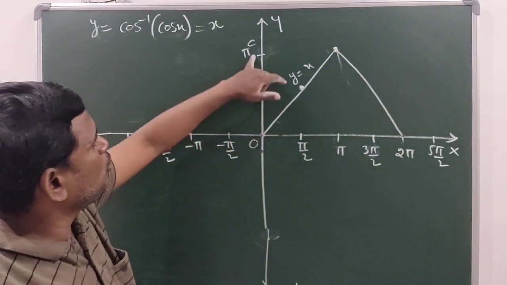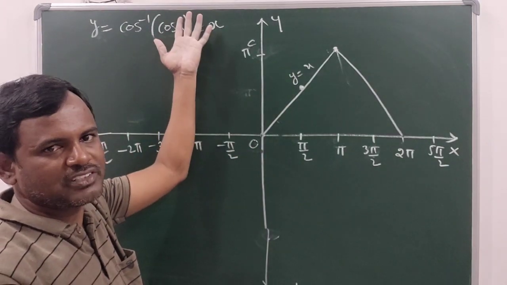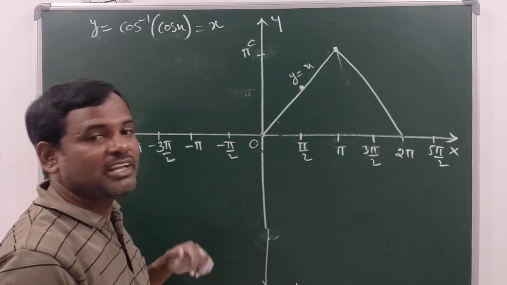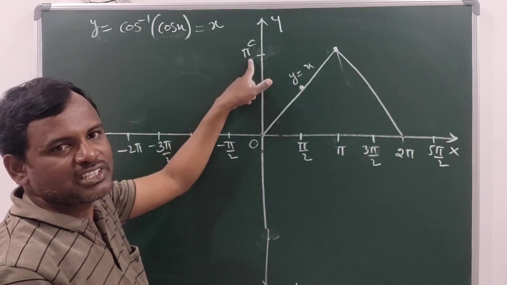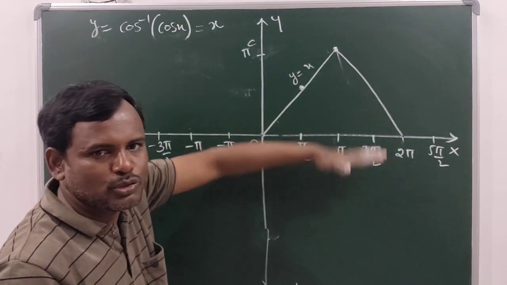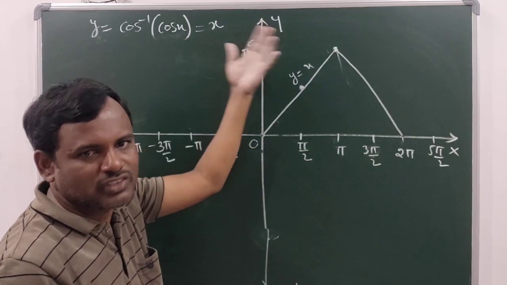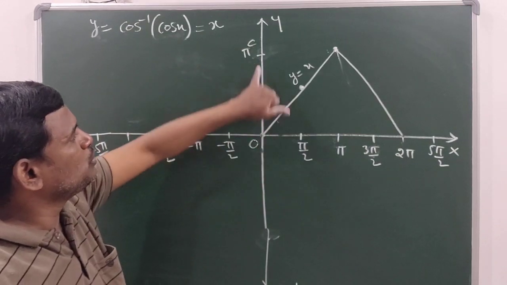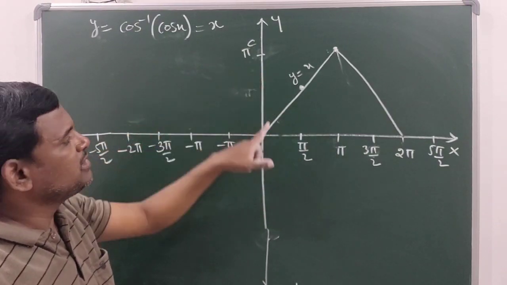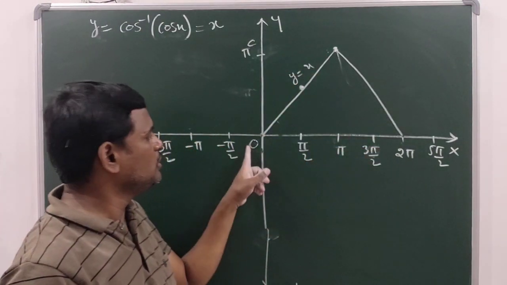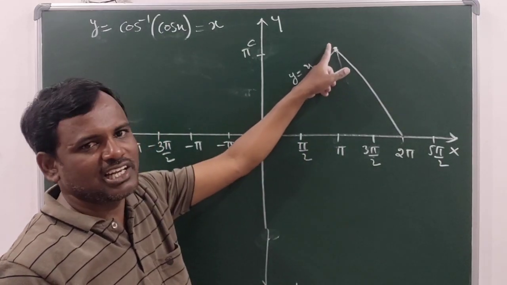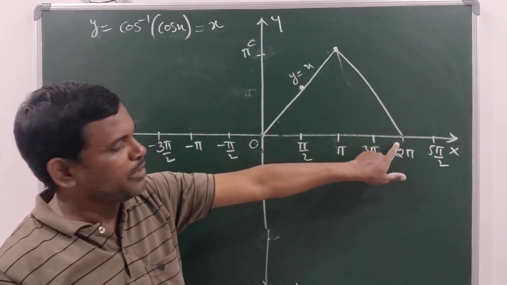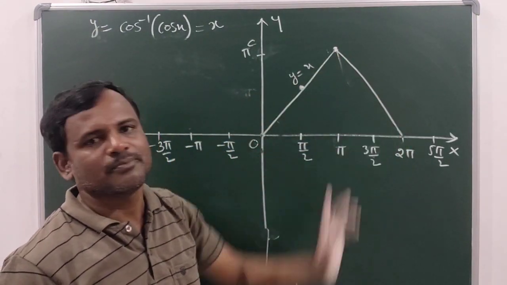Graph must be 0 to pi only, not like the previous sine inverse of sin x. That we got between minus 90 to plus 90. Below the x-axis also you got that sine inverse of sin x graph, but here y belongs to, as I said to you, 0 to pi. So this graph must be 0 to pi. 0 to pi strictly increases. Again, when you take x value pi to 2 pi, strictly decreases.